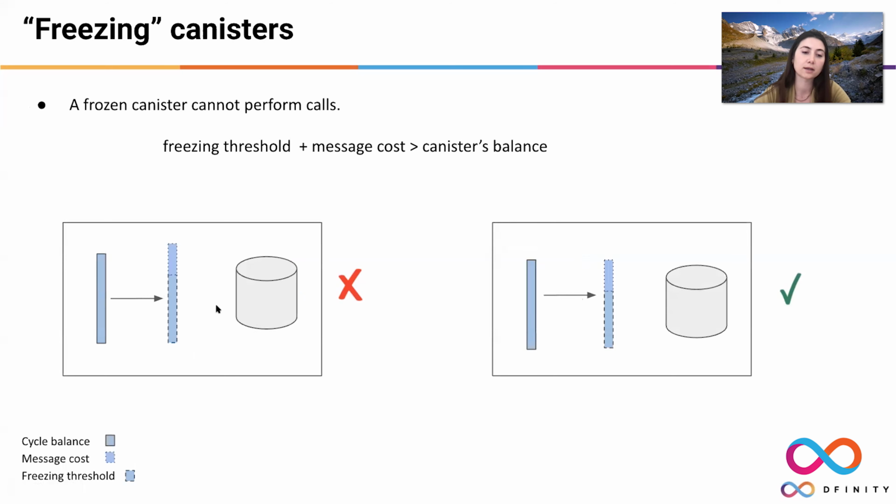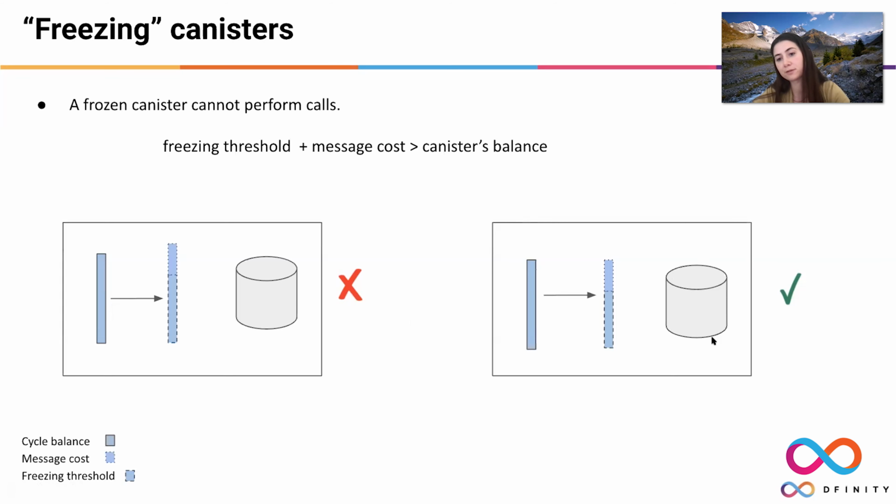On the left side, the balance of the canister is still quite close to the freezing threshold, so it cannot support the fee that comes when a call is performed. We're talking here about the cost for transmission of the request and the reservation done for the transmission and execution of the response.